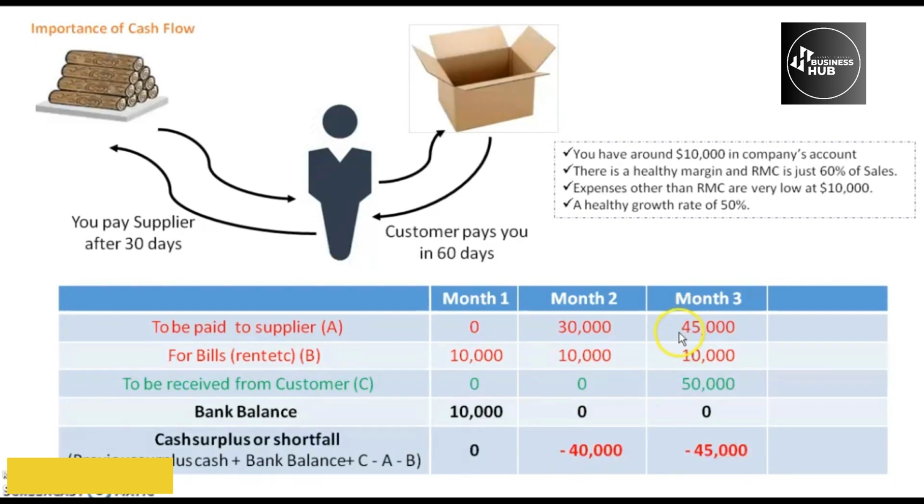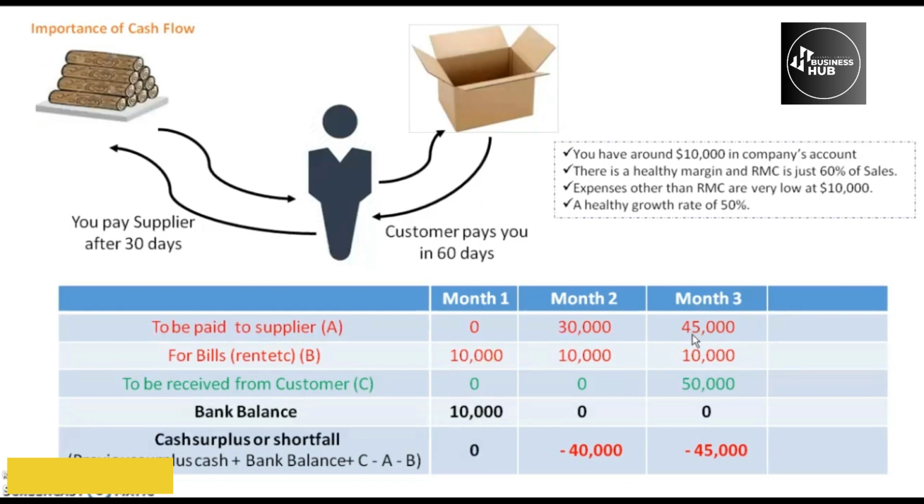Now what happens? You are growing at a 50% rate, and that's why the $50,000 sales that you made in the first month have grown to $75,000 in the second month. Thus 60% of 75,000, that is $45,000 of raw material, you have purchased in the second month, and you are supposed to pay that $45,000 to your supplier.